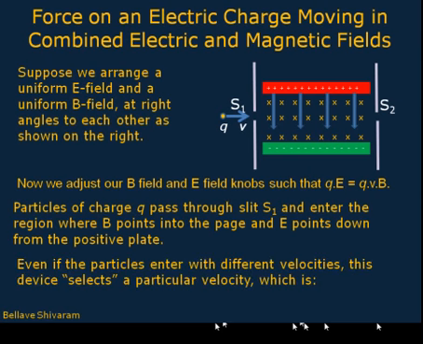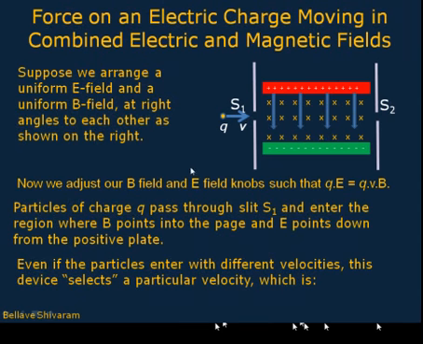If the particles enter with different velocities, then this canceling condition will not be valid. The electric field needed to cancel the magnetic force will be different, and hence those particles will not enter the slit S2.